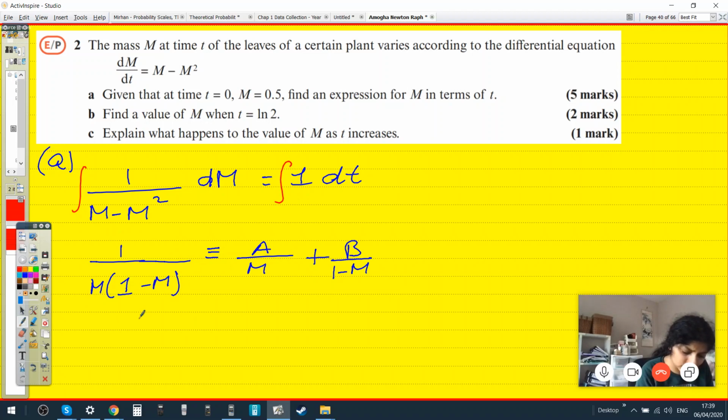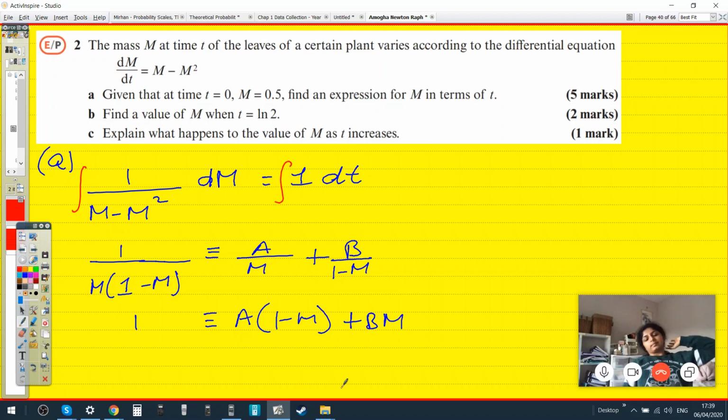I got b is equal to 1 over m, which isn't really helpful. Let's see. So we multiply both of those things. 1 will be a times 1 minus m plus bm.